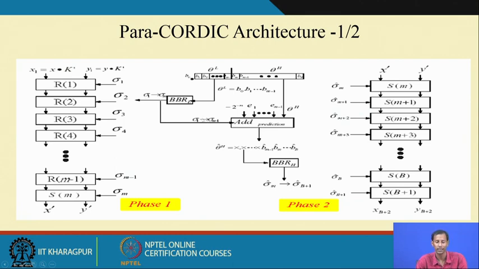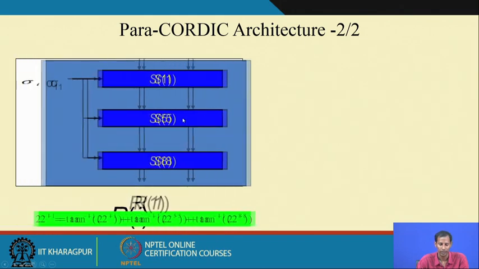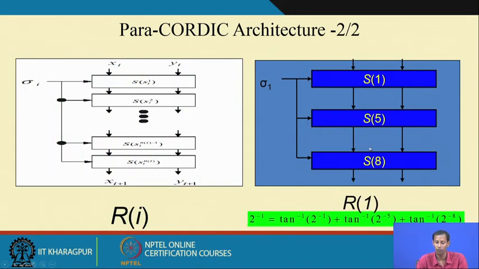Now, we are getting this architecture, this is architecture 1, and here you see how we are calculating the sign. The sign has been calculated considering these 3 things, S1, S5 and S8, based on tan inverse of 2 to the power -1, tan inverse of 2 to the power -5, tan inverse of 2 to the power -8.